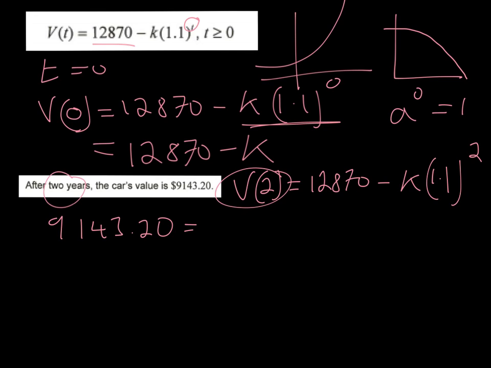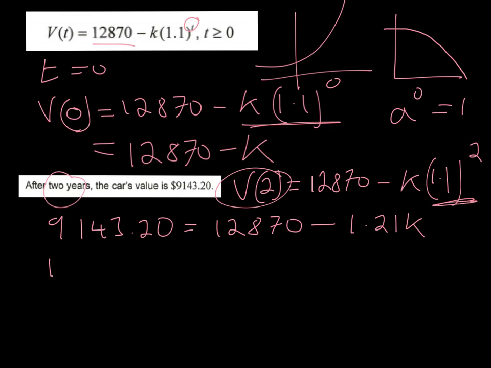So we can set that equal to 12,870 minus, and then 1.1 squared, which gives us 1.21. If we multiply this 1.21 by k, we get minus 1.21k. Now all we're going to do is solve for k.